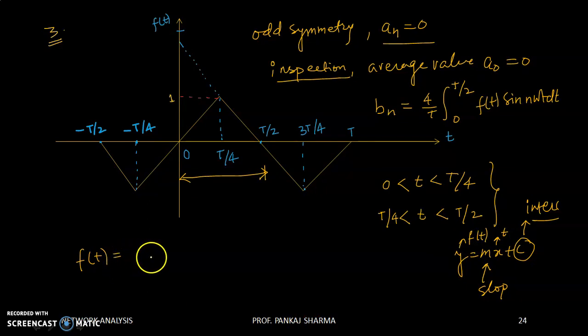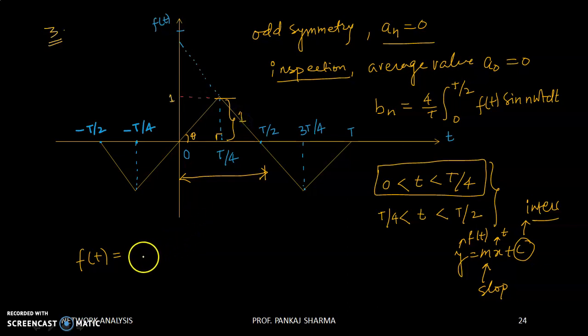So in the region when t is greater than 0 but lesser than T by 4, it is having slope. See this. If this angle is theta in this triangle, this is 90 degrees. The perpendicular is 1.